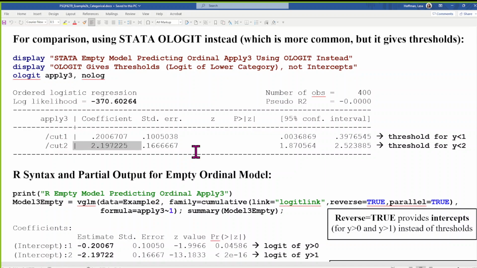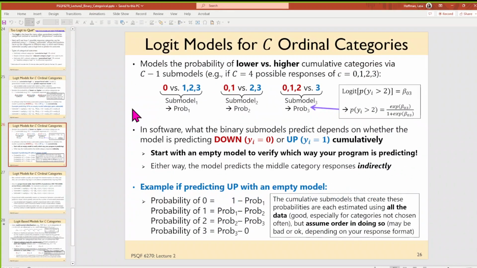Can you repeat what you said about the threshold for the Ys and stuff? Yes. So, general terms. An intercept tells you the probability of the higher category instead of the lower. A threshold tells you the probability of the lower instead of the higher. So, an intercept tells you the blue, a threshold tells you the red.